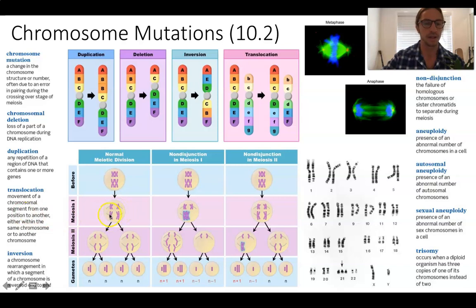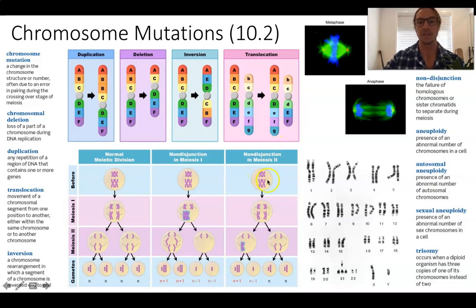We can see there's these chromosomes that are lining up, but in non-disjunction, these homologous chromosomes have failed to separate, causing an increase in chromosome numbers in this cell and a decrease in this cell.